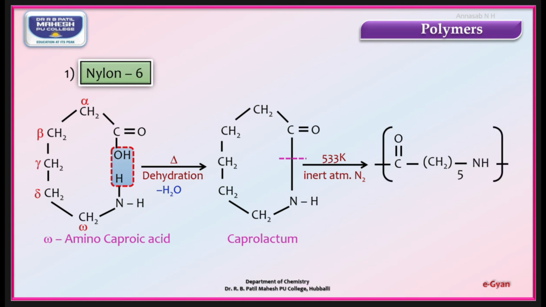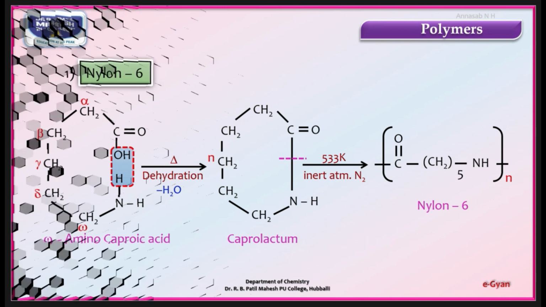If this group repeats n times, if you have taken n times this caprolactam, and this unit is going to appear n times, the polymer which is formed is known as nylon 6. We can remember this as caprolactam to nylon 6 preparation.